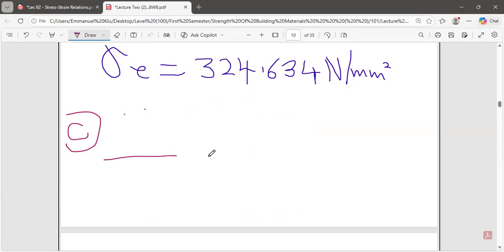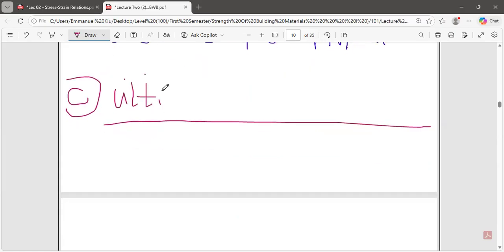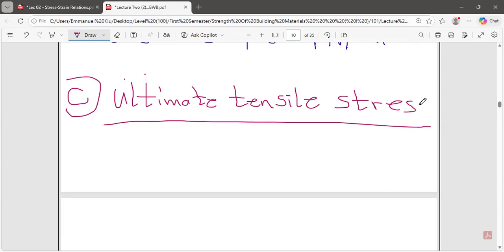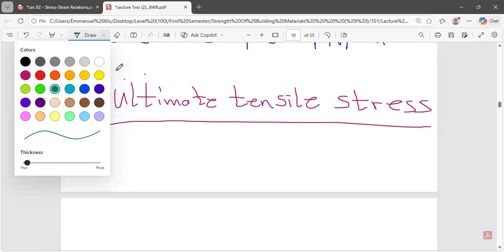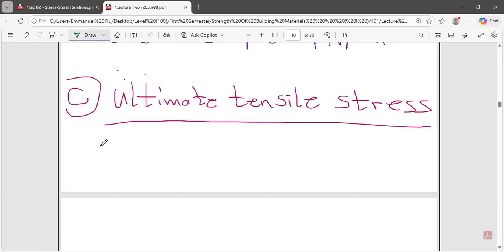Okay, ultimate tensile stress. And the formula that we are going to adopt in this case is going to be what?